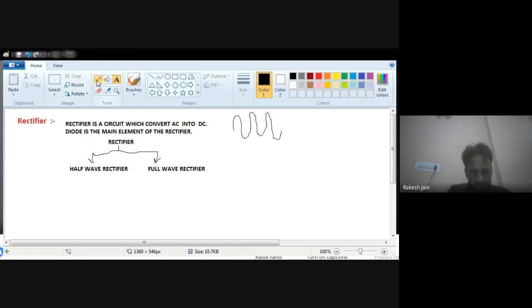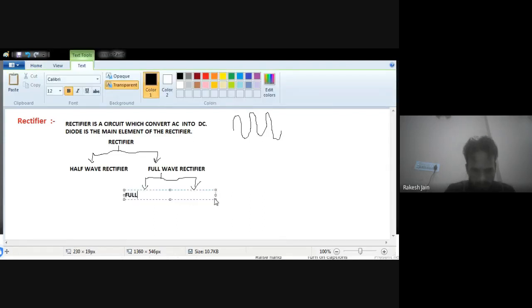The full-wave rectifier is further classified into two types. One is the full-wave center tap rectifier and the second one is the full-wave bridge rectifier.